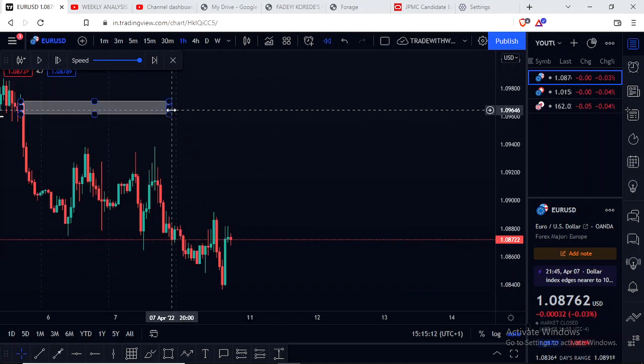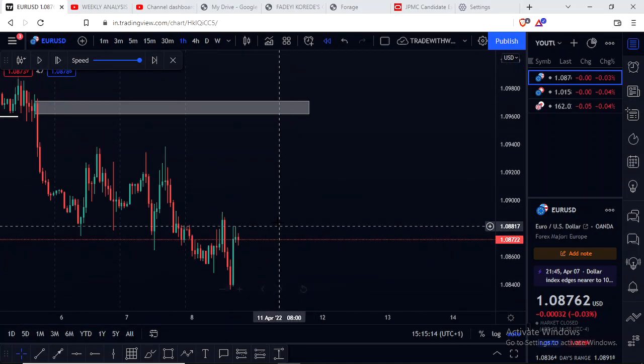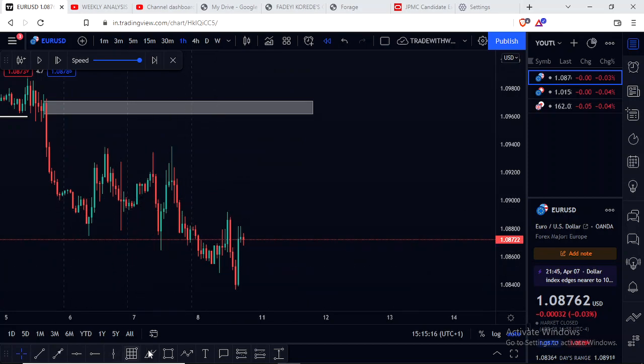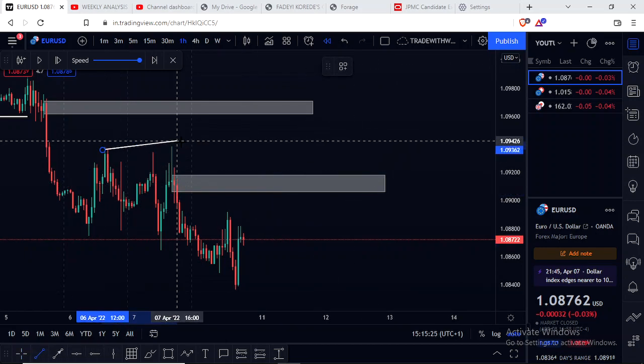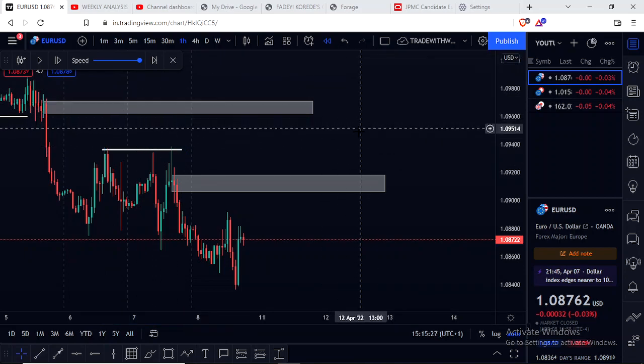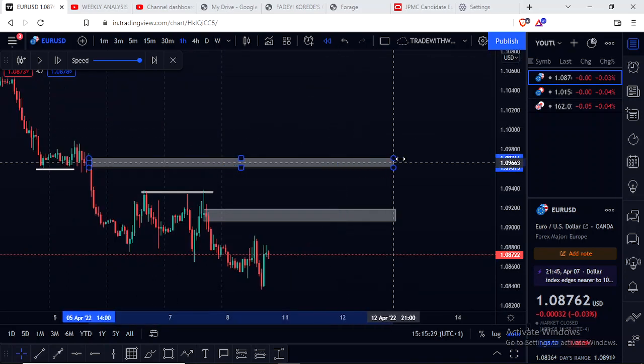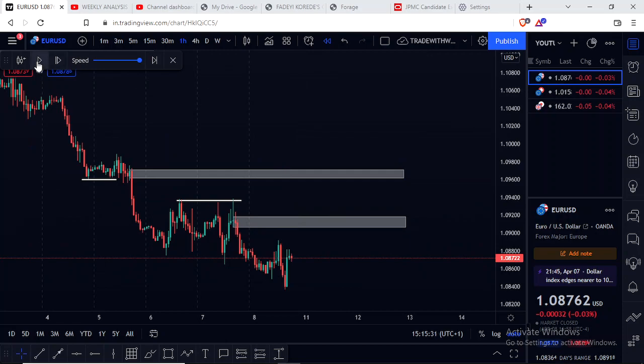I don't think we got any sell entry from there, and from here also I can see a selling opportunity, but I won't like to take a sell here because there's liquidity above me. It's still very good to take sells from this zone since we are still bearish.